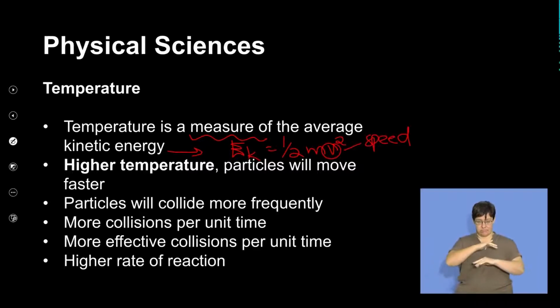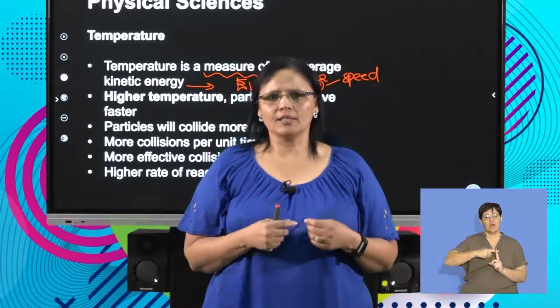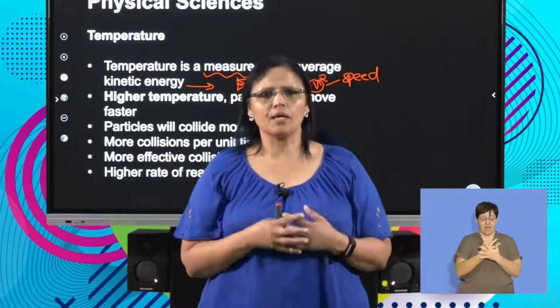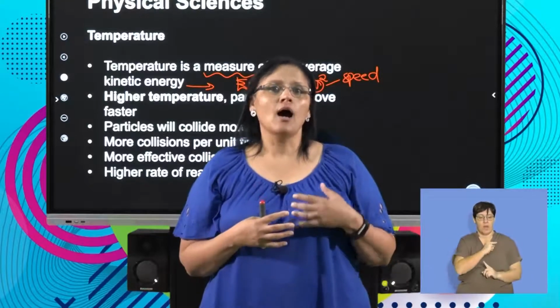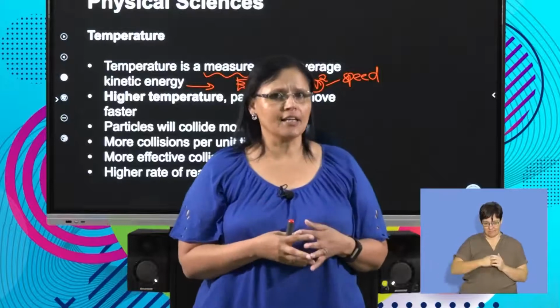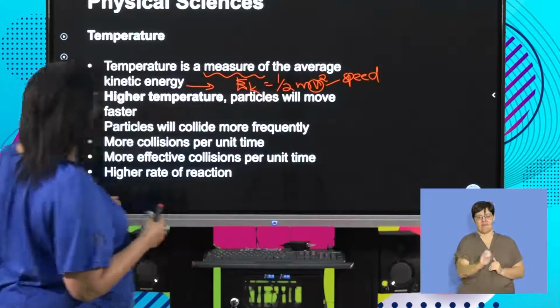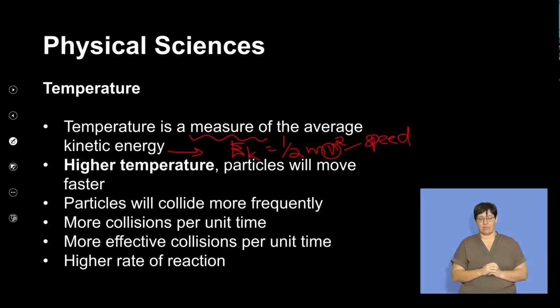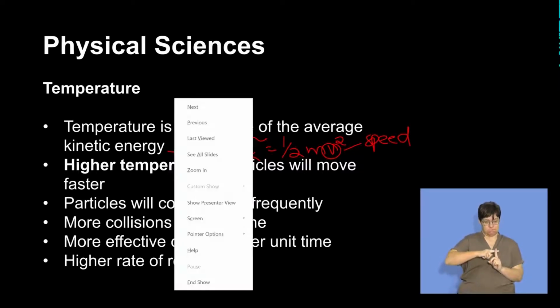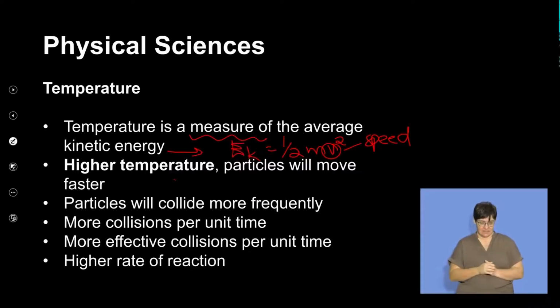When we have hotter temperature or higher temperatures, the particles will move at a higher speed because of the average higher kinetic energy that the particles will have. So the higher the temperature, the faster the motion of our particles. The particles will collide or bump or hit each other more frequently.